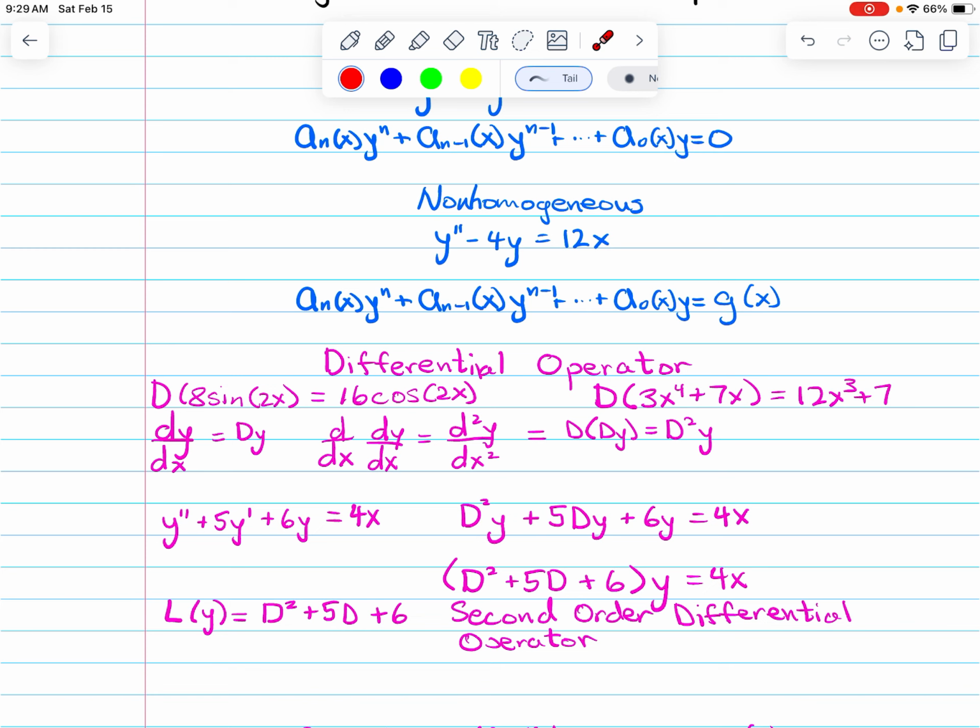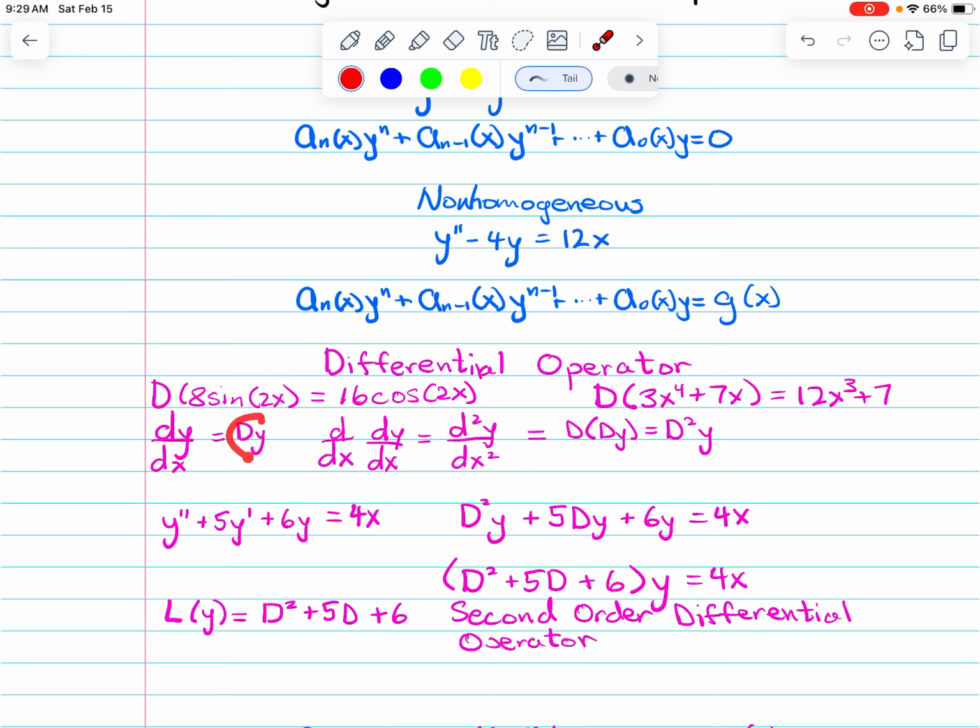Likewise, this D of 3x to the fourth plus 7x, we just differentiate it part by part. And notice, you differentiate the first part, add that to the differentiation of the second part. So you're used to that. Now, just something to motivate how this notation goes. Think about this idea of dy dx.